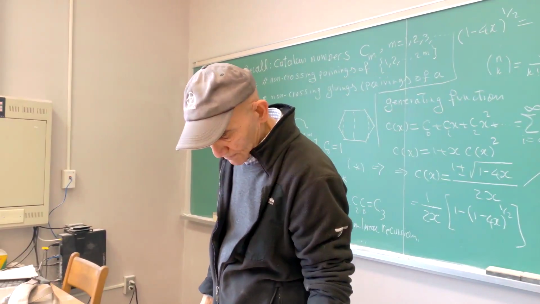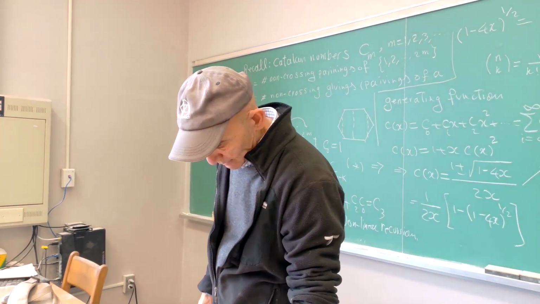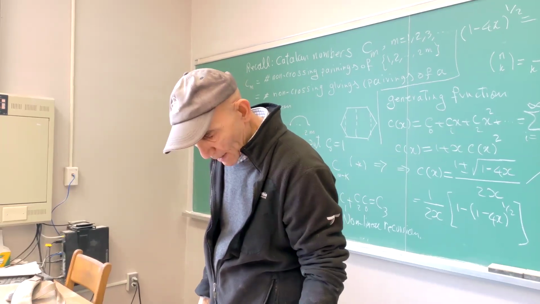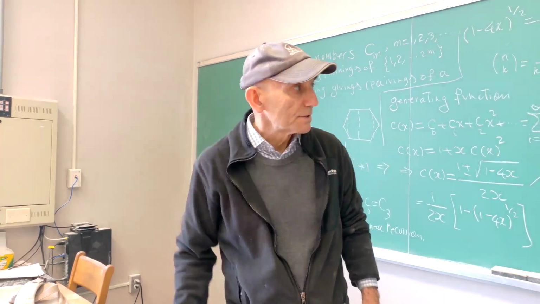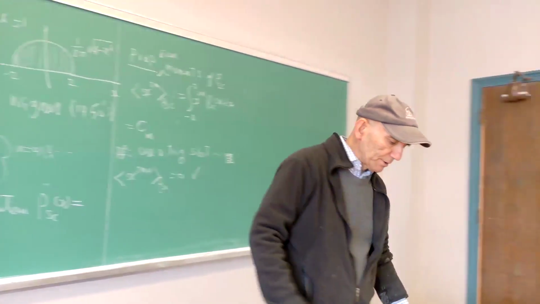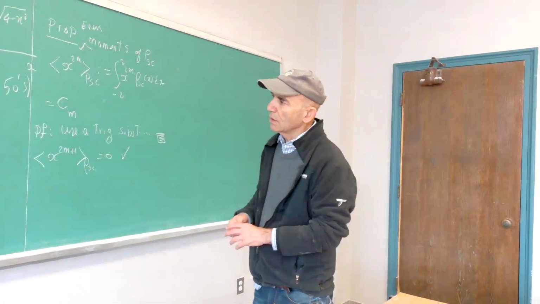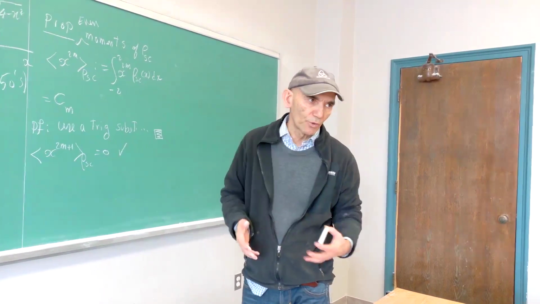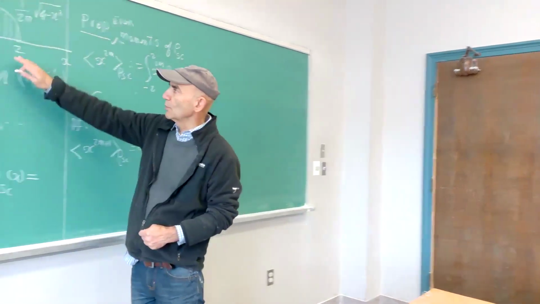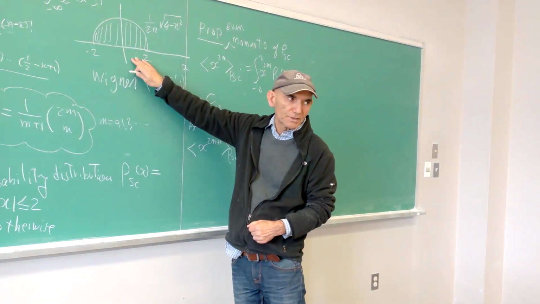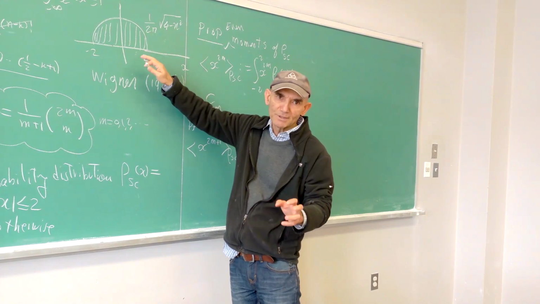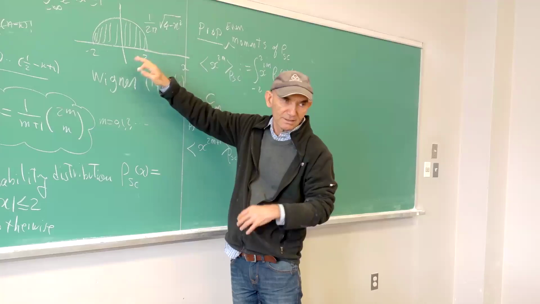Let me say something about the importance of this semicircle. In random matrix theory, the semicircle law is like the normal law in usual probability theory. So this is as important as the normal distribution in usual probability theory. This is some sort of non-commutative probability theory, in the world of matrices.